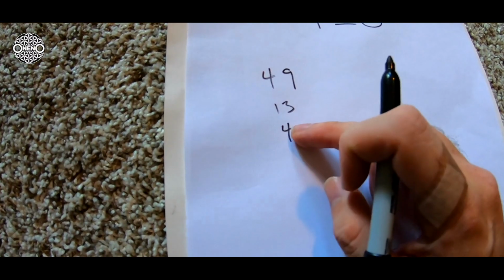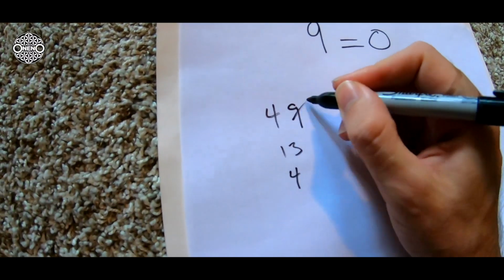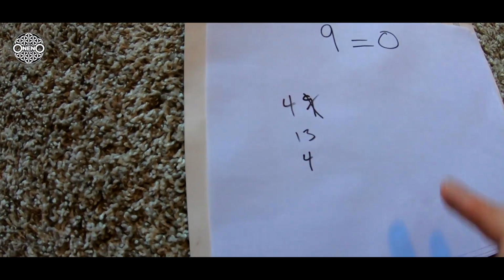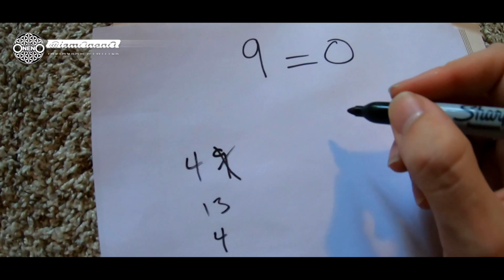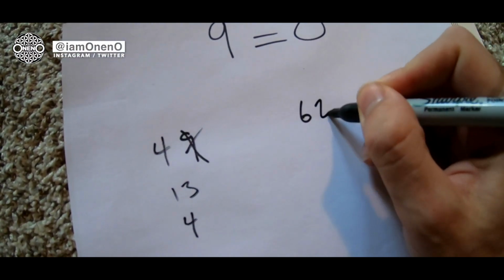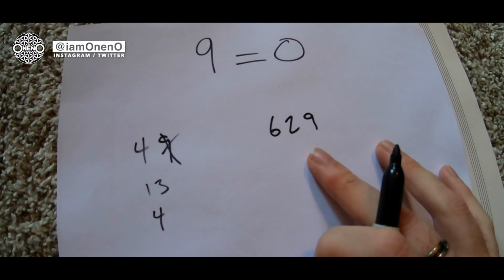So in order to get 4, since we know that 9 equals 0, we could have just eliminated the 9 from the equation and known that our answer would be 4. So let's show it in another example. Let's say our number is 6, 2, 9. Let's do it the traditional way first.